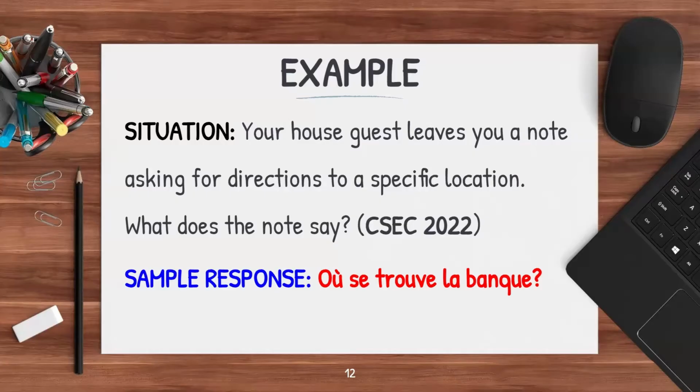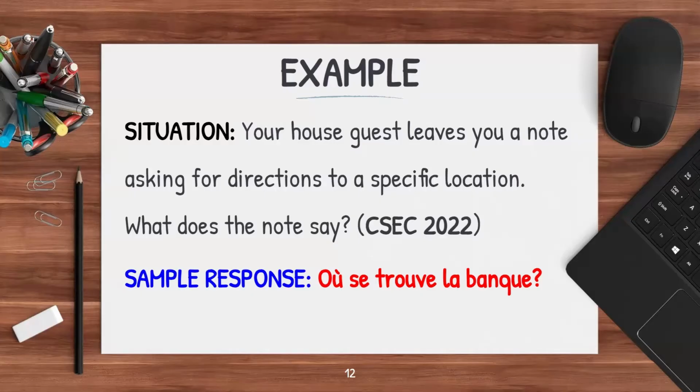This situation is taken from 2022's past paper, which says, your house guest leaves you a note asking for directions to a specific location. What does the note say?